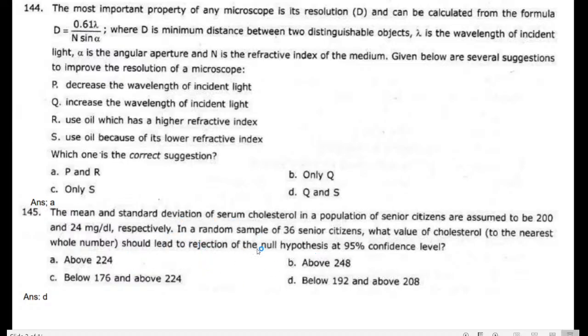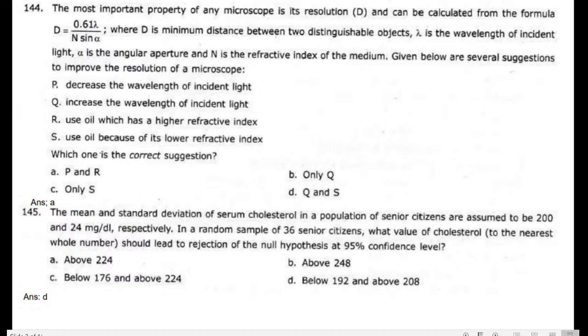What does rejection of the null hypothesis mean? This is the answer we want to get. The null hypothesis means there is no difference between certain characters of the population.